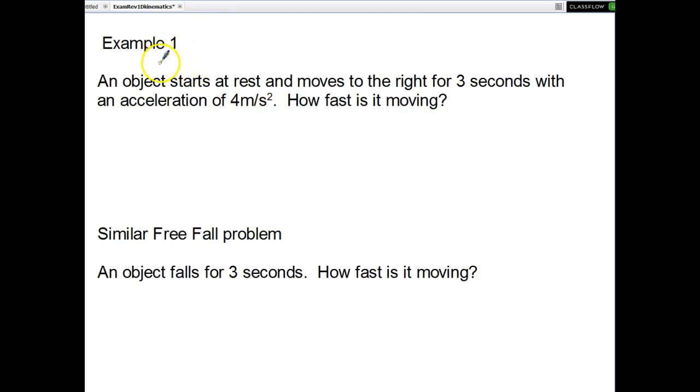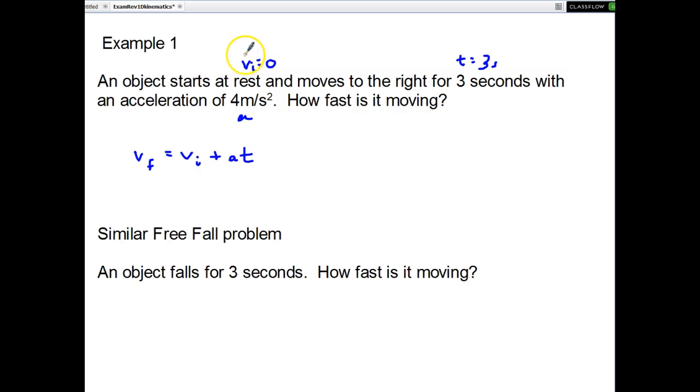So let's work some example problems. An object starts at rest, so that's an initial velocity of 0, and moves to the right for 3 seconds, that's a time, with an acceleration of 4 meters per second squared. How fast is it moving? So Vf equals Vi plus At. And how do I know to use that?